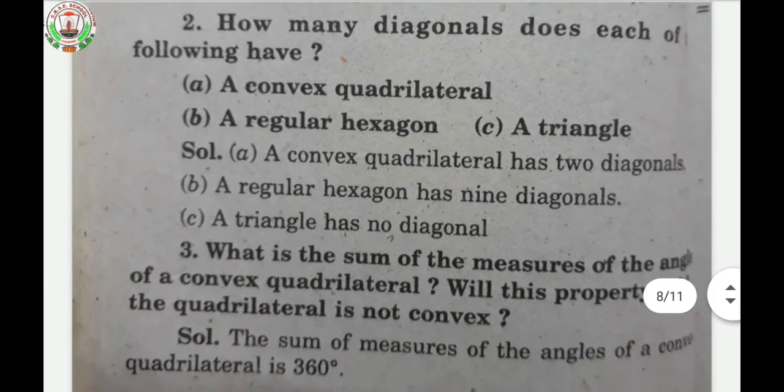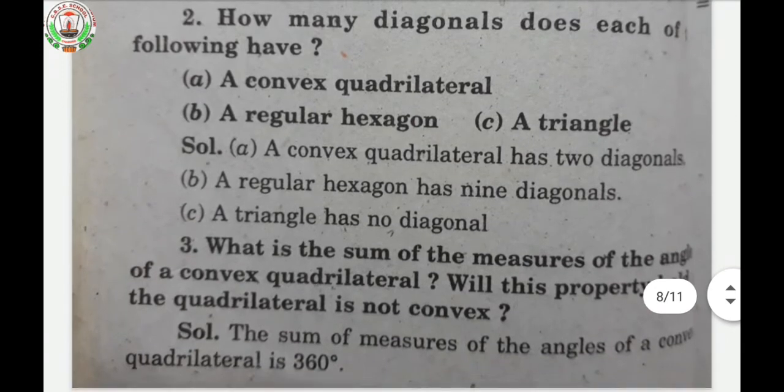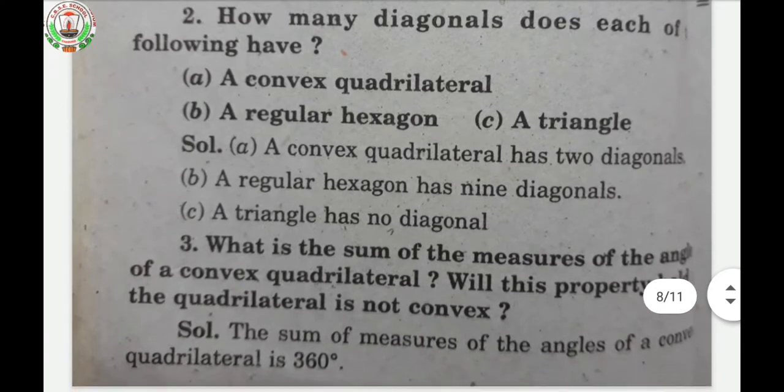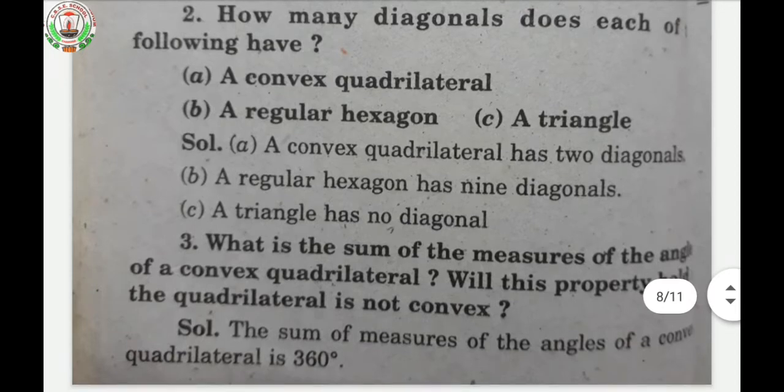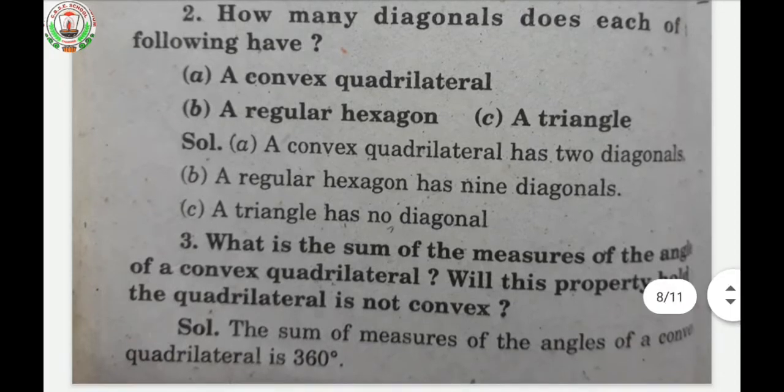What does question number 2 say? How many diagonals does each of the following have? I had given you the formula to find the diagonals, isn't it? That is n into (n minus 3) upon 2, where n is the number of sides. So, a convex quadrilateral. Quadrilateral means a four-sided polygon, isn't it? Then n is 4.